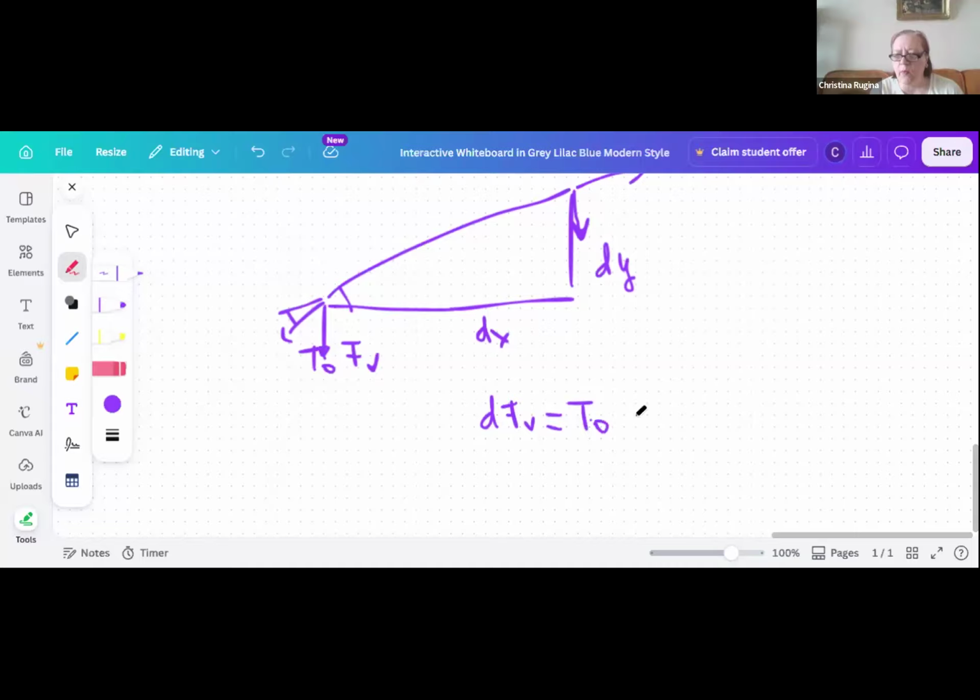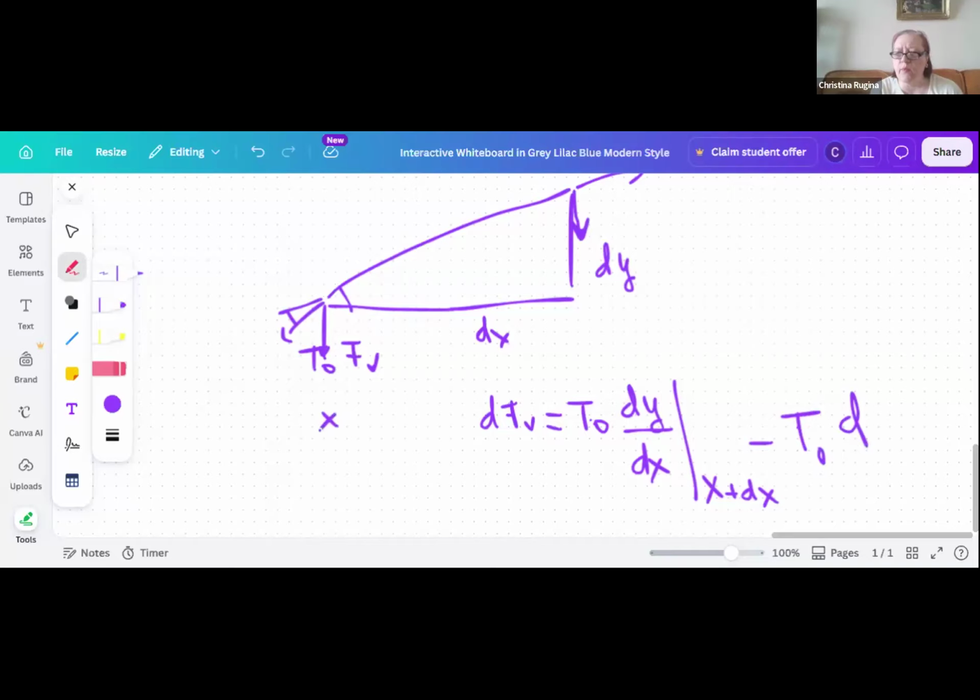Yeah, I just want you to understand how the wave equation is derived from heuristics. So you have the string, you have T0 here, and you have T0 at the other end, and this is dy, and this is dx.